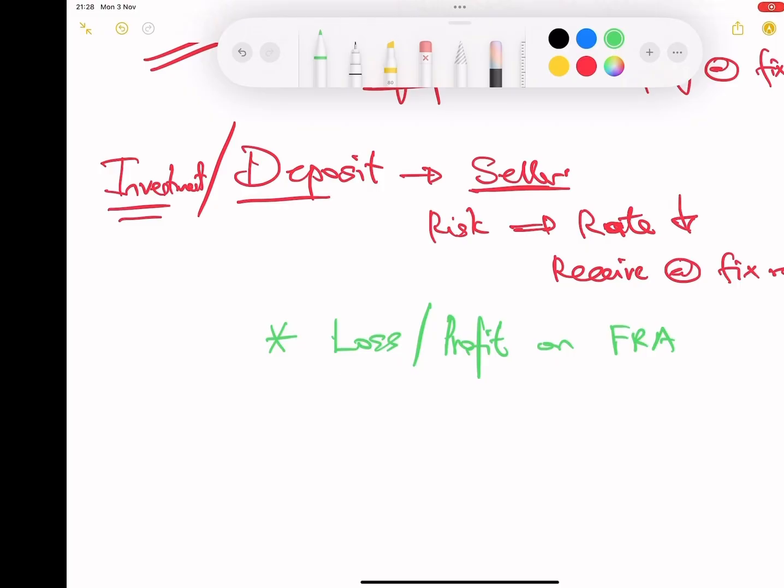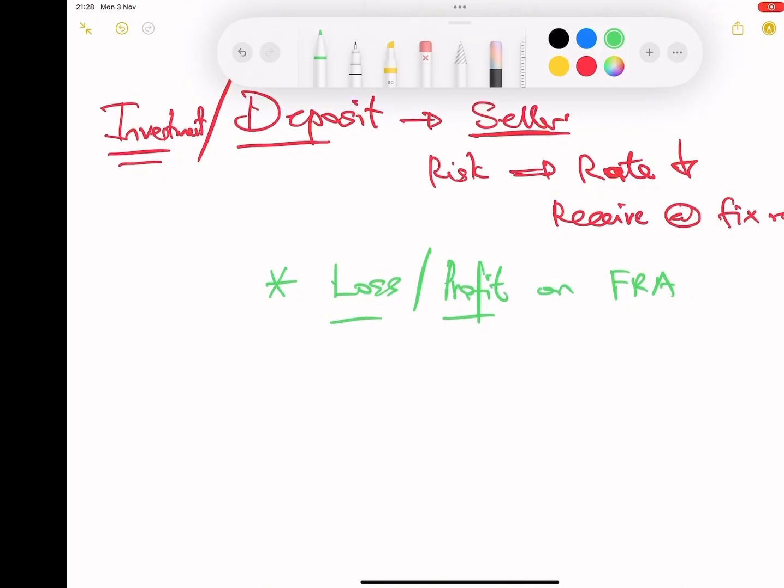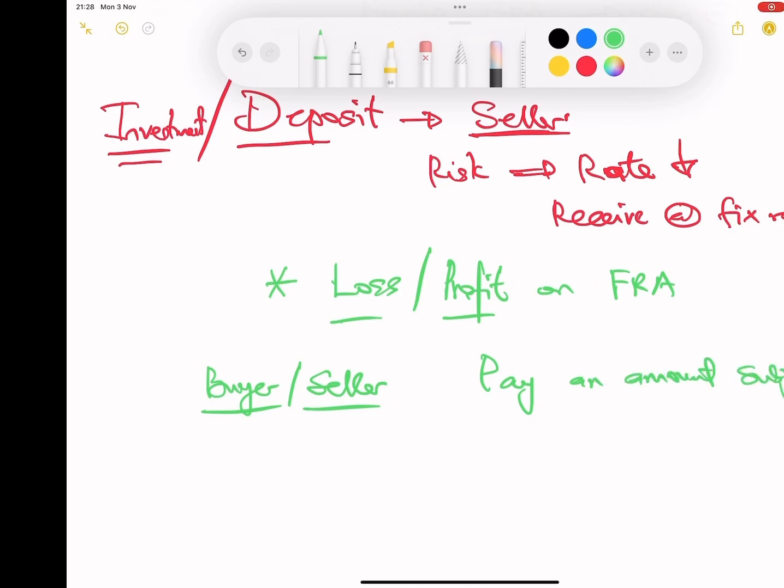But how do you get your loss or profit? One thing you need to first of all understand is the fact that whether you are a buyer or you are a seller, you will have to pay an amount that is subject to the outcome of the spot rate, subject to the market rate, or spot on transaction date.